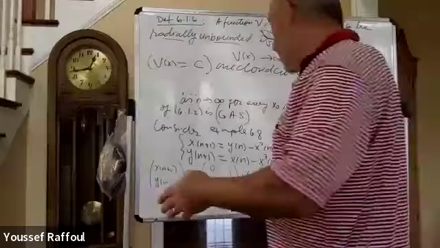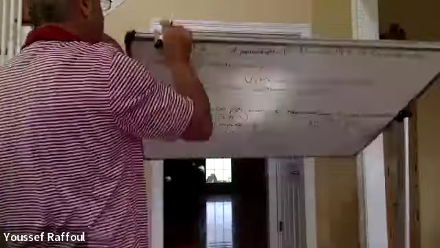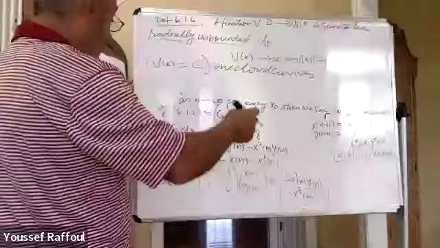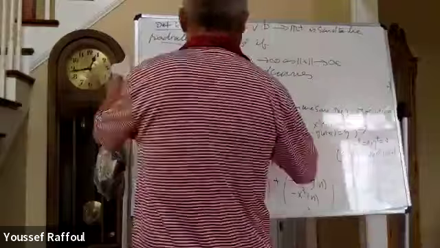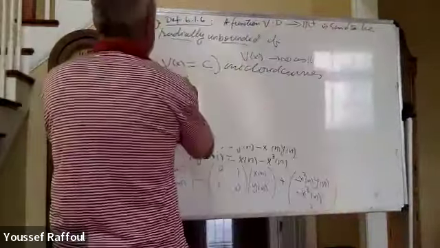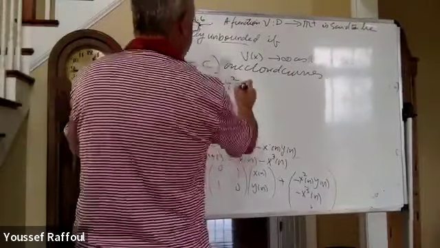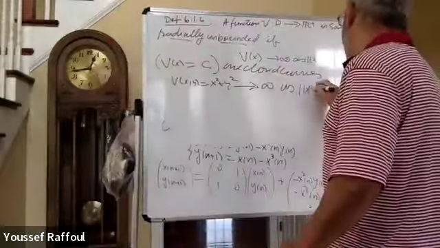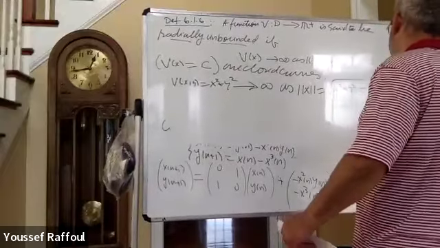For example, in the previous example, what did we take v to be? In this one, v of x, y equals x squared plus y squared, that goes to infinity as the norm, which is x squared plus y squared, goes to infinity.